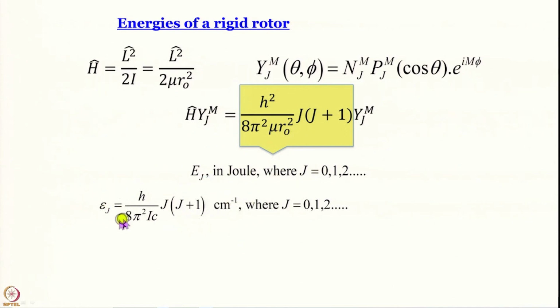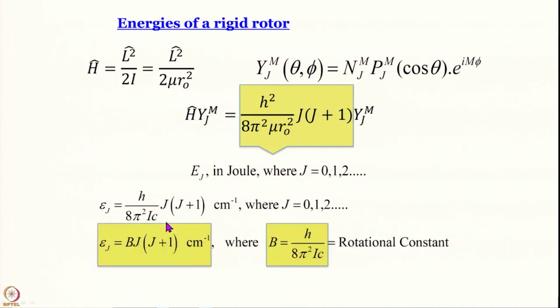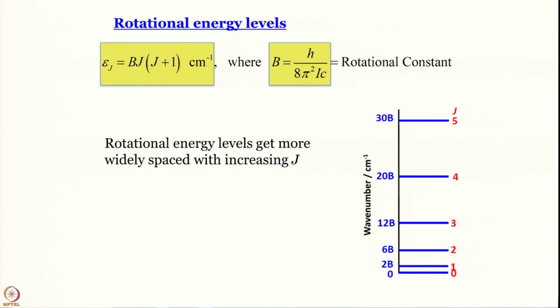So, we convert this to epsilon j equal to h by 8 pi square I c multiplied by j into j plus 1, which is simply dividing by hc, and that is in centimeter inverse. It is simply written epsilon j equal to B into j plus 1 centimeter inverse, where B is h by 8 pi square I c. This is called the rotational constant.